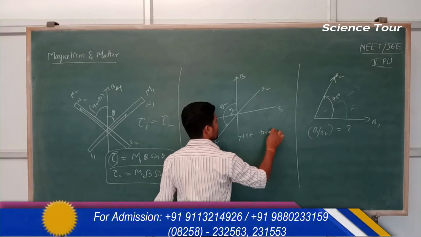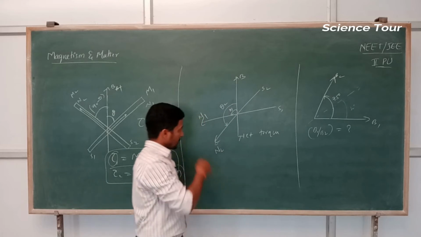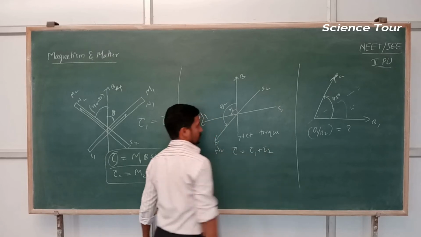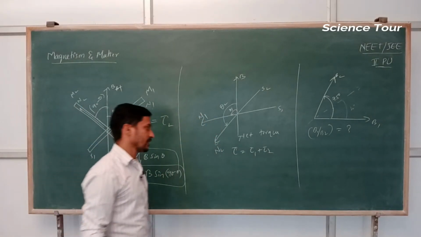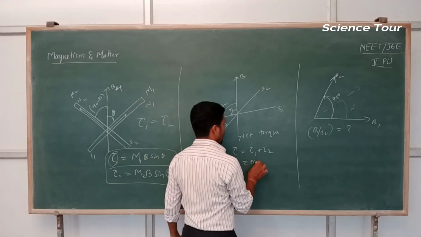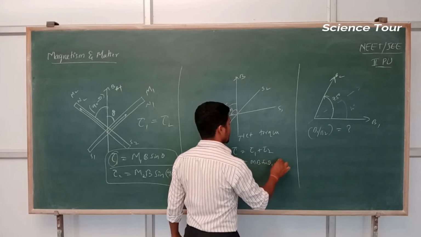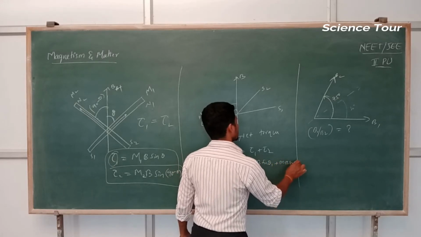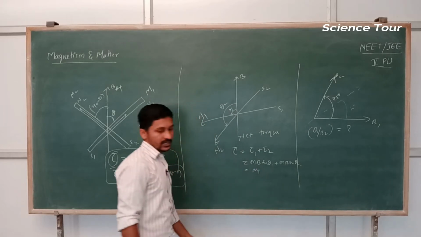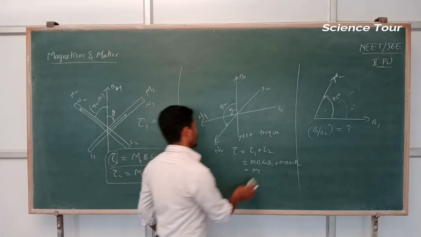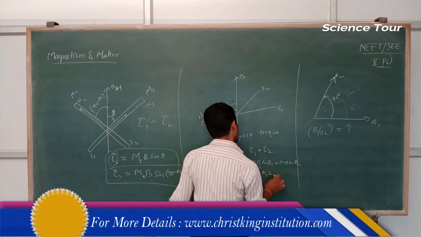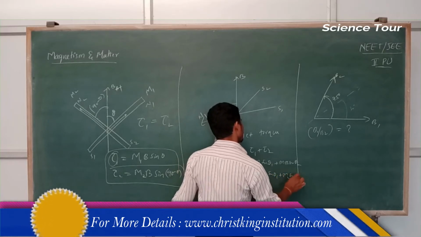So the net torque is tau 1 plus tau 2, which is equal to mB sin theta 1 plus mB sin theta 2, that is nothing but B times m1 sin theta 1 plus m2 sin theta 2.